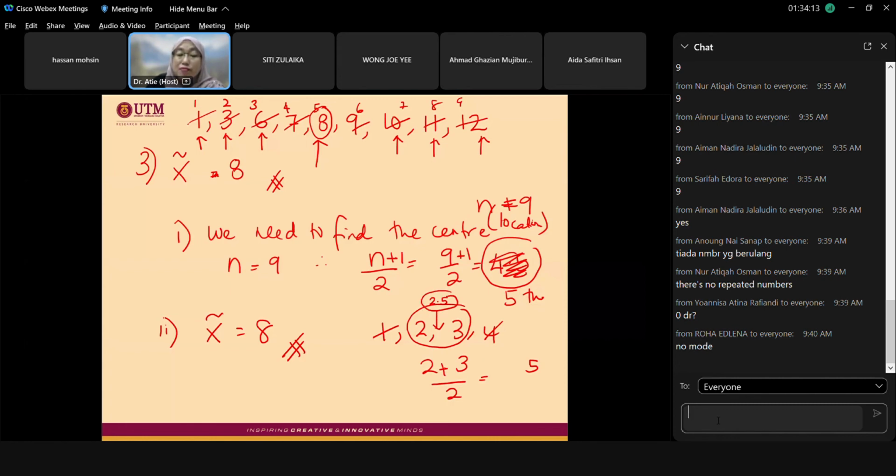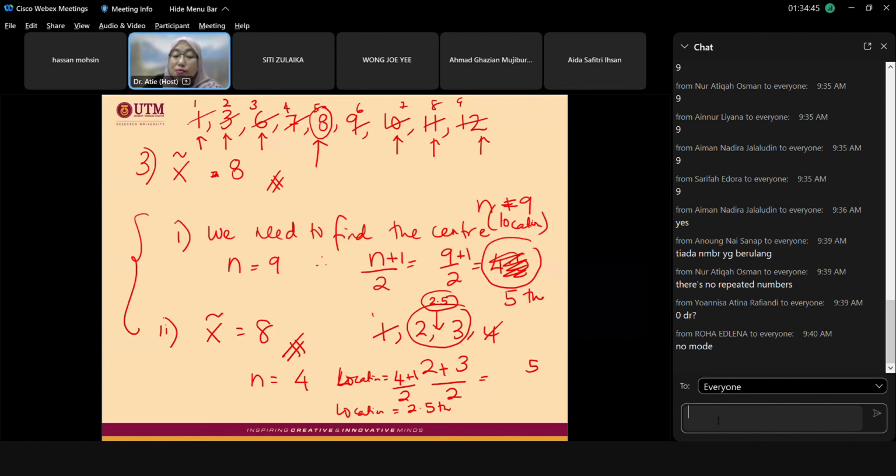If you use the formula, the next method, we need to find the location. We have n is 4, so the location will be 4 plus 1 divided by 2, which is 2.5.